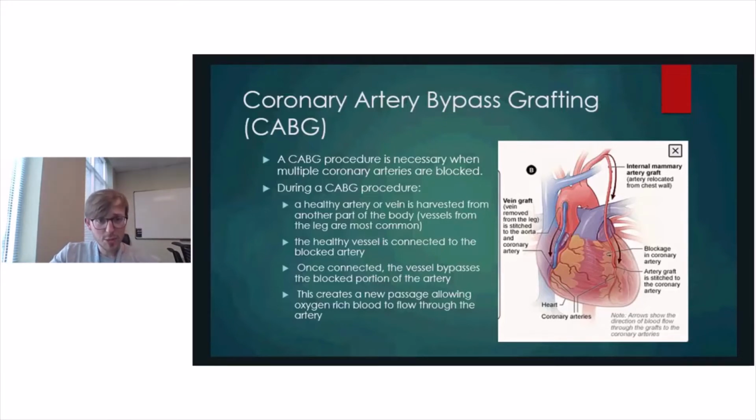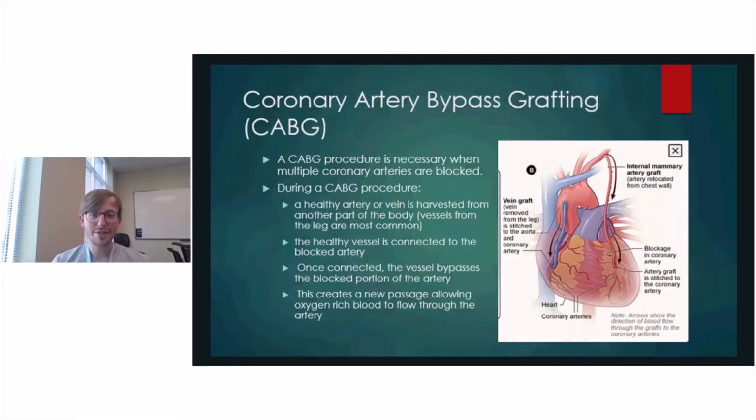During a CABG procedure, the surgery team will take a healthy artery or vein that's harvested from another part of your body, most commonly from your legs or another part of your chest, or anywhere that they can find a viable artery. Then they'll take that healthy vessel and connect it to the blocked artery, the artery that has the blockage in it that's not getting the adequate amount of blood and oxygen through it.